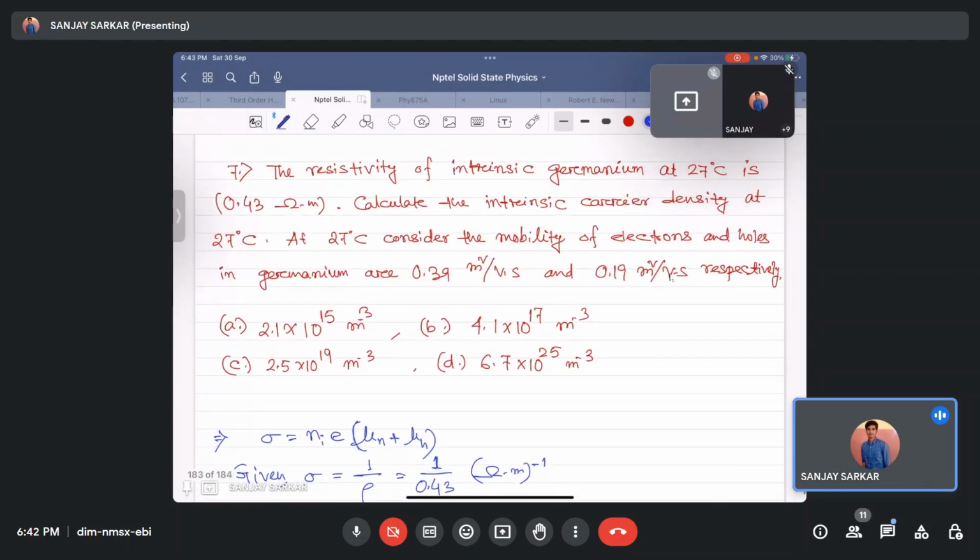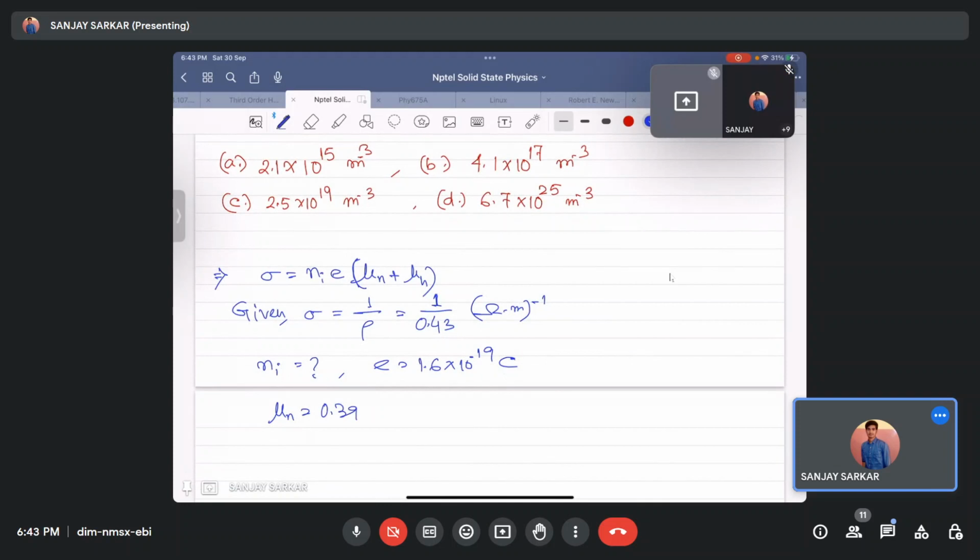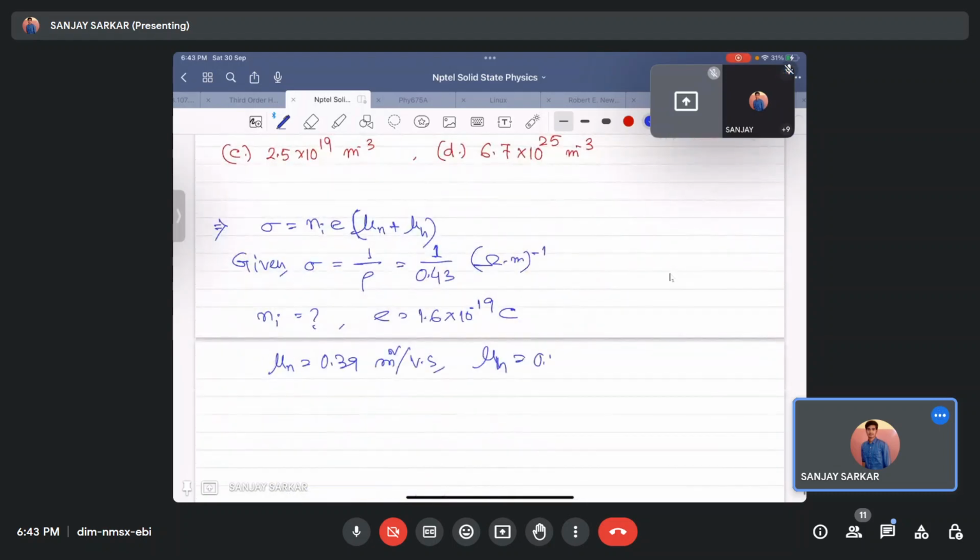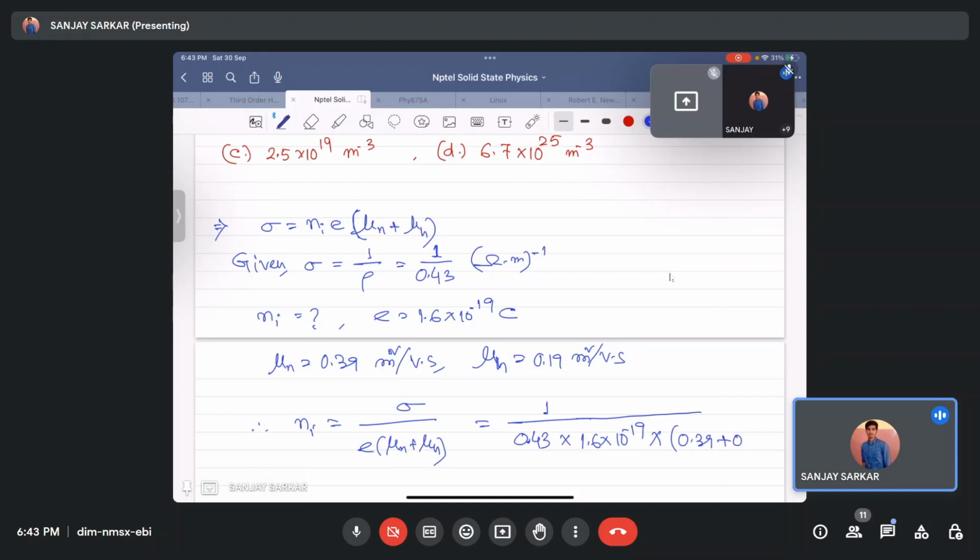So mu n is 0.39 meter square per volt second, and mu h is 0.19 meter square per volt second. So n_i is actually sigma by e into mu n plus mu h, which will be 1 by 0.43 into e, which is 1.6 into 10 to the power minus 19, into mu n plus mu h, that is 0.39 plus 0.19.